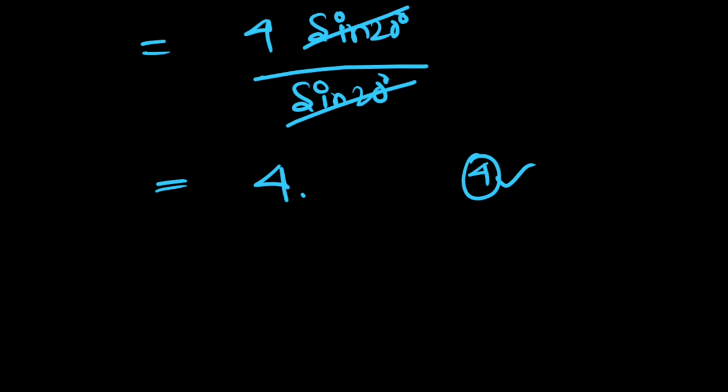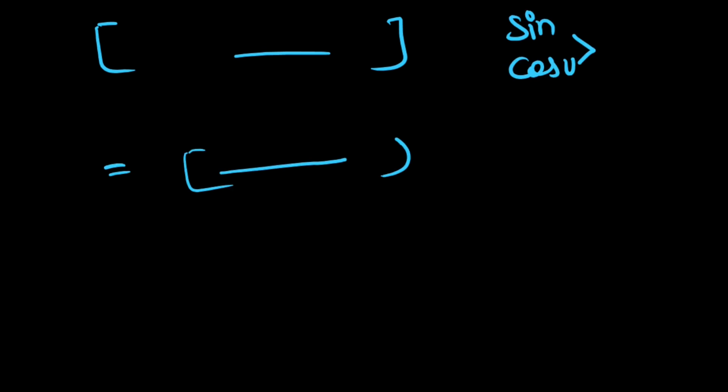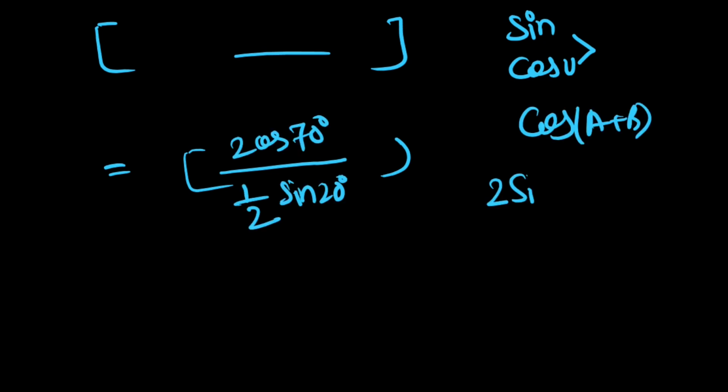So overall in this question, we break our terms into sine and cos functions. Then we separately calculate the denominator and numerator. Then we get a simplified function, 2 cos 70 degree over half times sine 20 degree. In between we use two identities, the cos of a plus b formula, and second, 2 sin theta cos theta is equal to sine of 2 theta.